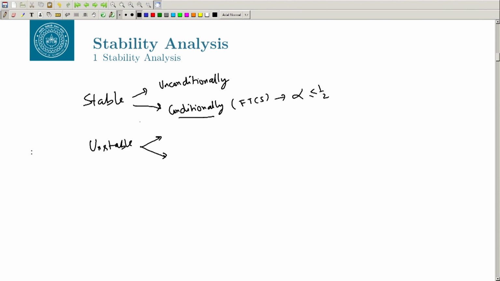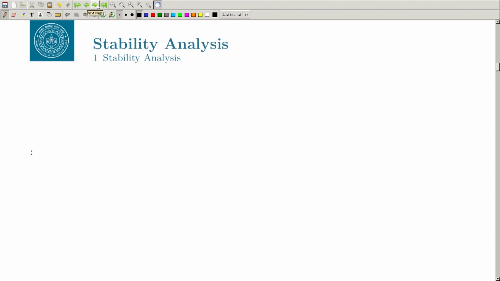Okay. So, let us look at some more schemes and analyze them for their stability properties. We will stick to the diffusion equation as of now. So, this is del u by del t equal to nu del 2 u by del x square, and you are using u equal to z to the power n e to the power I phi.